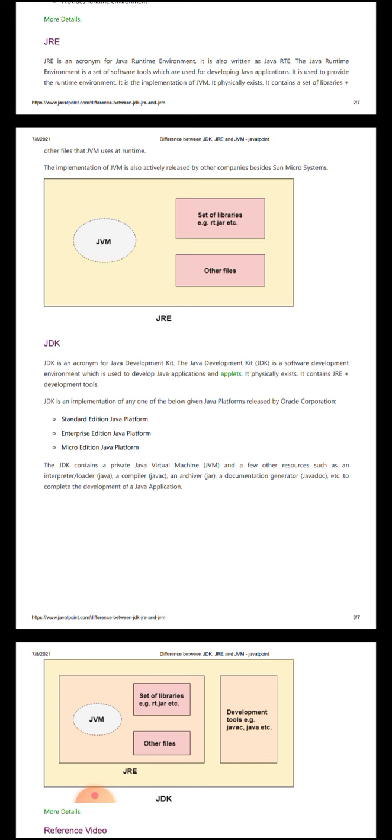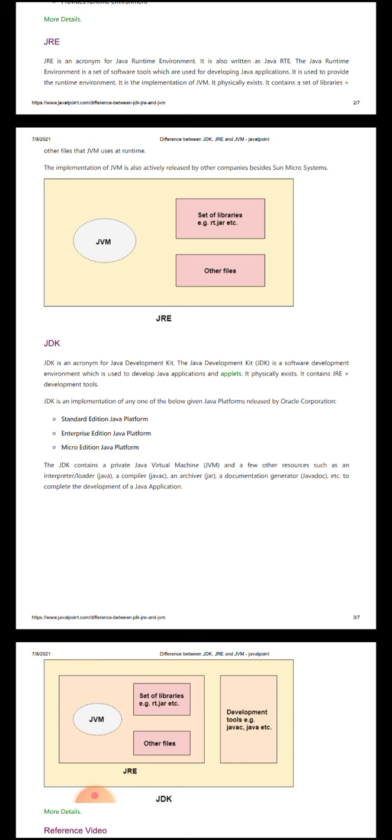Next, the JVM does not exist physically. That is, you cannot see the JVM in your devices. It is just an environment which is abstract in nature. So this is all about JVM.